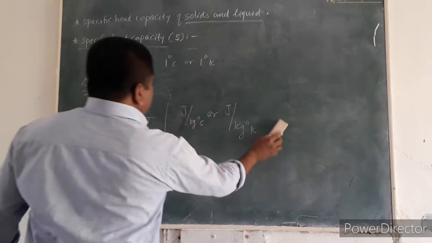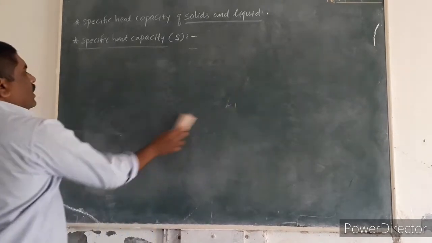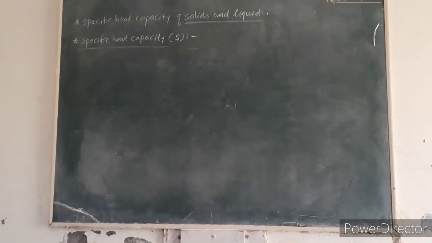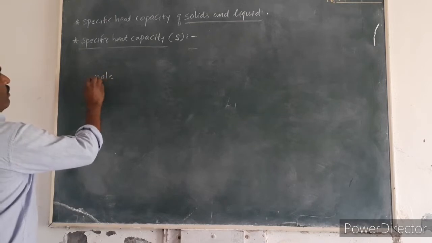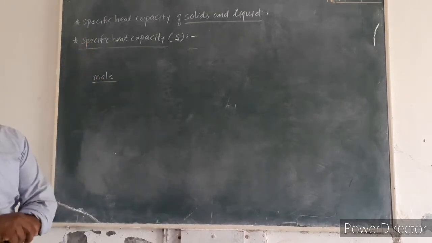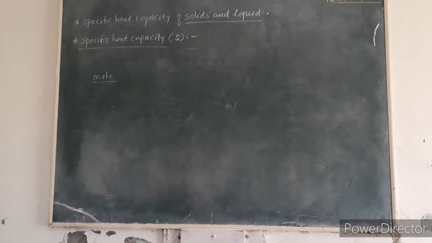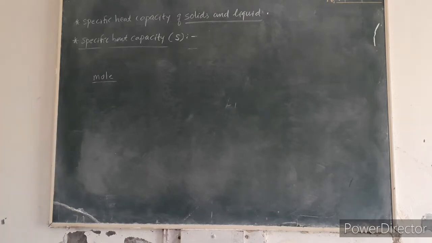Now, if we change the amount of mass, and that amount of mass is replaced by the concept of mole, then the specific heat capacity is called the molar specific heat.